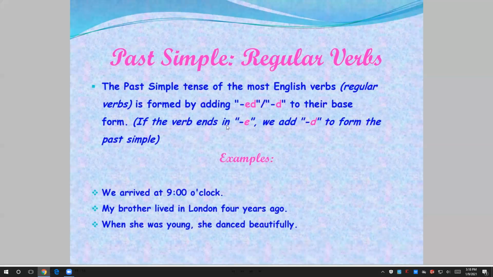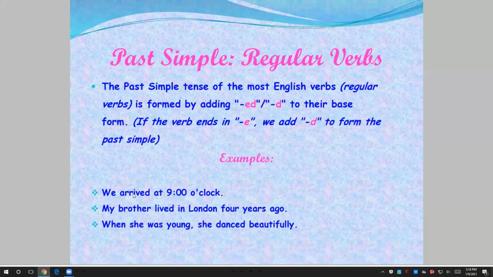The first rule is, if it is a regular verb and it ends in e, since we already have e in the verb, we won't be adding ed. We'll be adding only d because the e is already there.